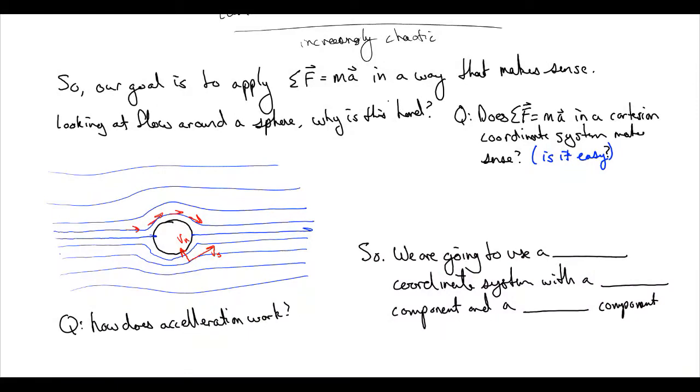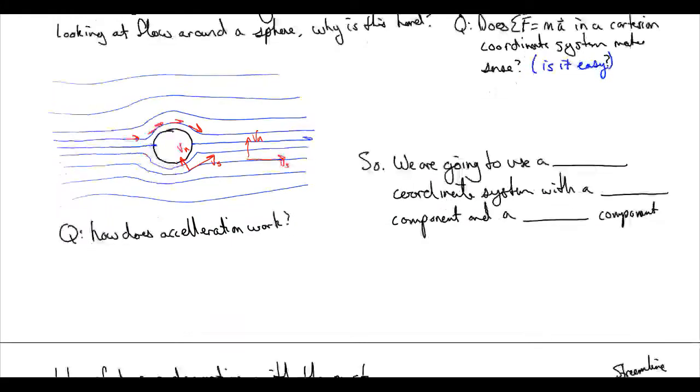Here's Vs for a straight line. So now with this new coordinate system, we can look at the streamwise direction, which is always pointing the way that our velocity is pointing.